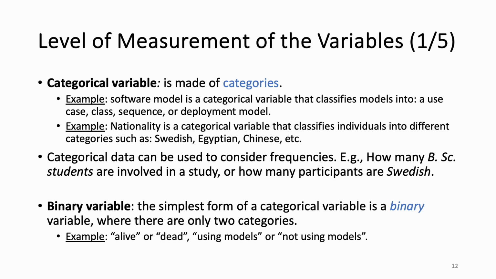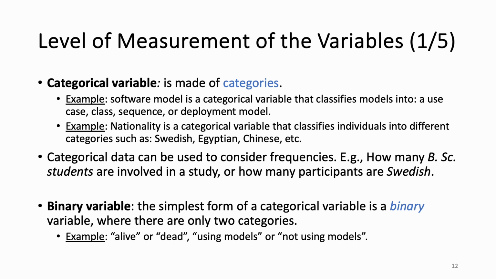Another example is nationality. Nationality can be considered a categorical variable because it classifies individuals into different categories like Swedish, Egyptian, or Chinese. Categorical variables or data can be used to count frequencies.